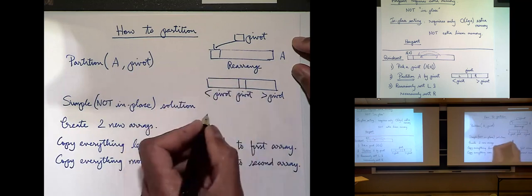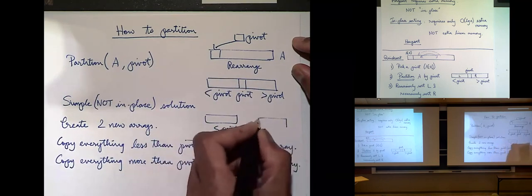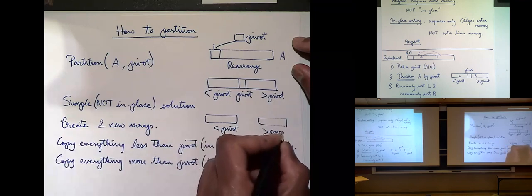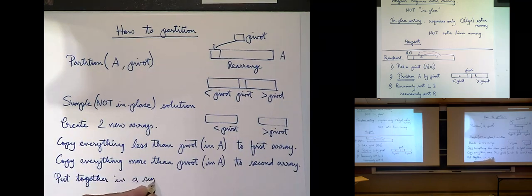Right? So once we have this, we'll have everything less than the pivot here and everything more than the pivot here. And then put it together in one array and return.